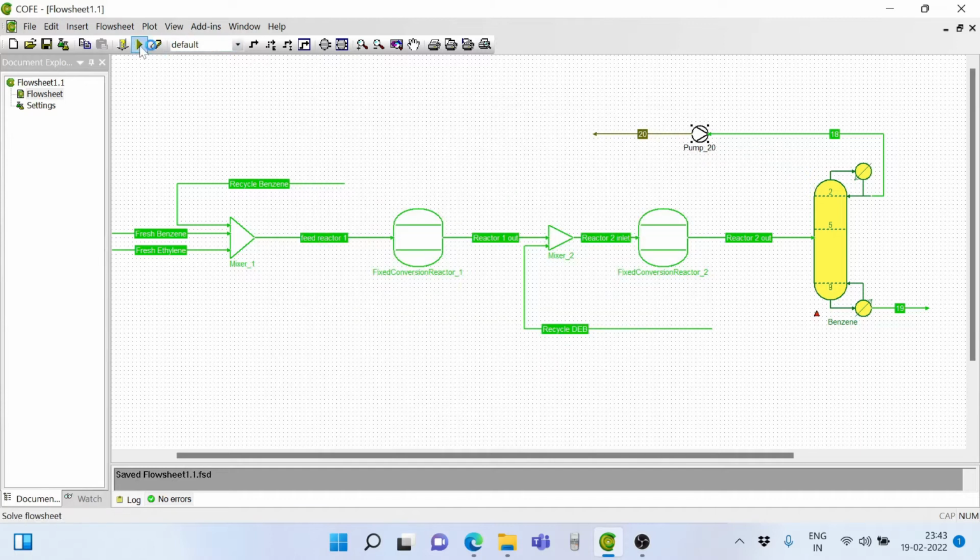Close it and run the simulation. Now the simulation is done. It did take a bit of time.